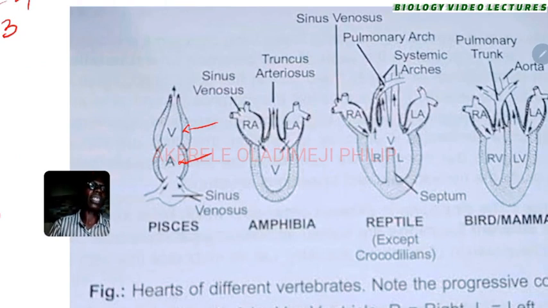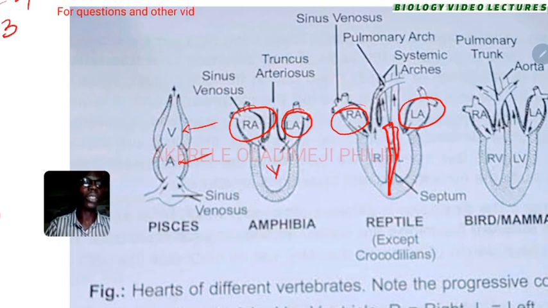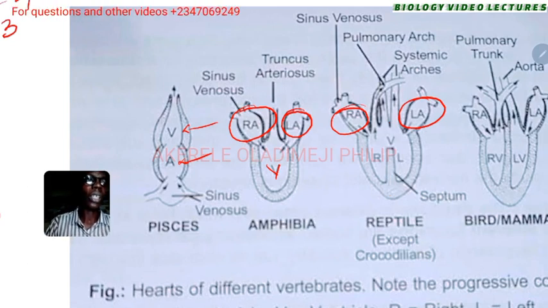For amphibians, they have 2 auricles and 1 ventricle. For reptiles, they have 2 auricles, they have 2 ventricles, which are not fully formed. You can see it here. You can see that the septum here is not fully formed. It's just halfway there. It stops here.